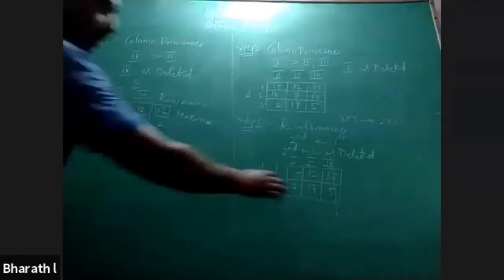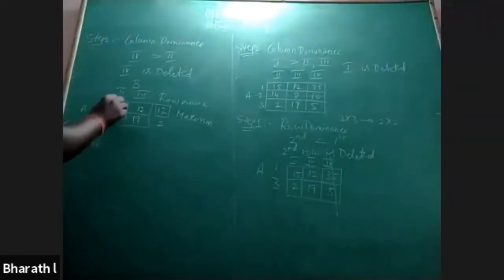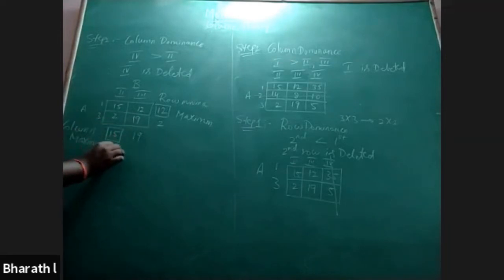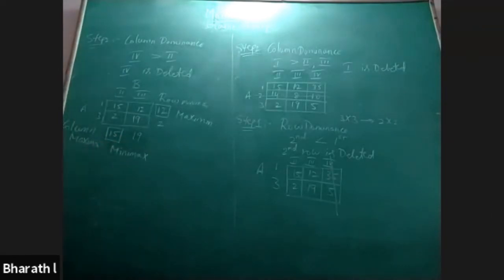Here 15, 12, maximum is 15; 2, 9, maximum is 9. Out of these maximums, the minimum is 15. Here you have to write mini max.